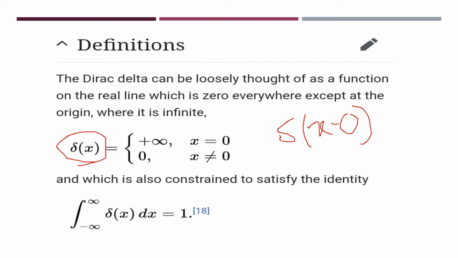That implies at x is equal to 0 it will be infinite, and everywhere except 0 the Dirac delta function will be 0. That means the Dirac delta function shows a sharp peak at x is equal to 0.